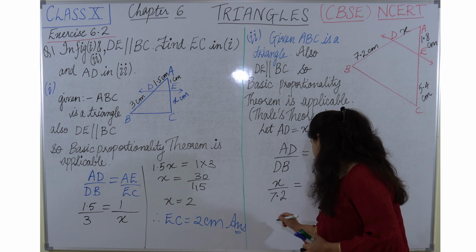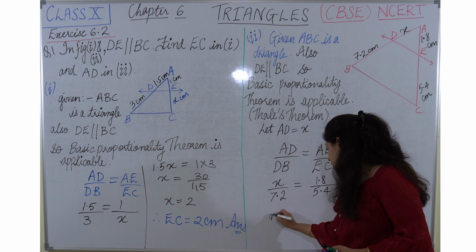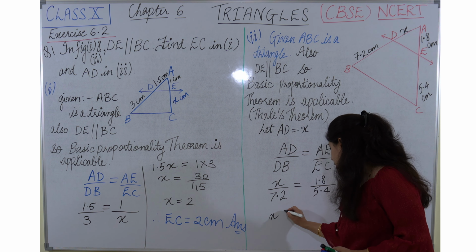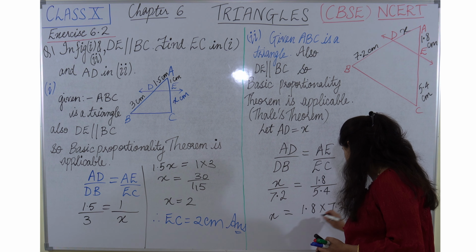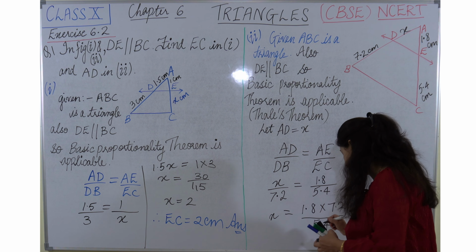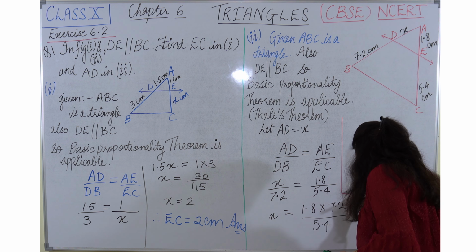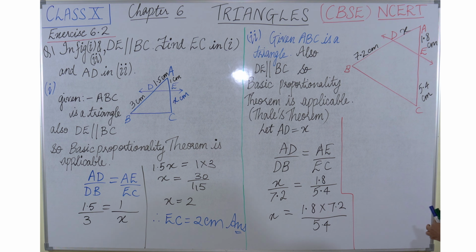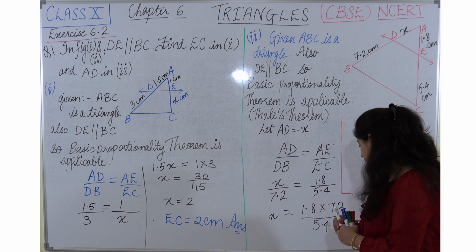So let us cross multiply it. We will be getting X equal to 1.8 into 7.2 upon 5.4. Let us cancel it.